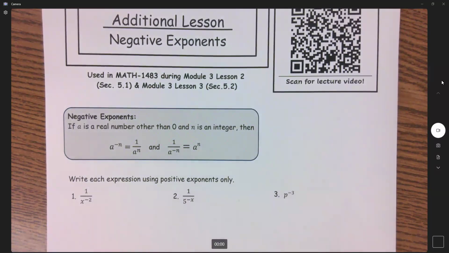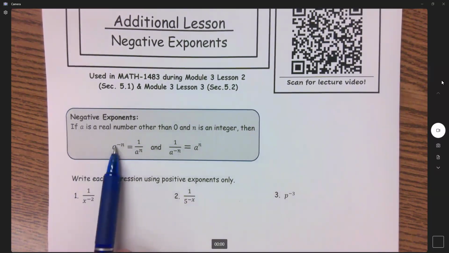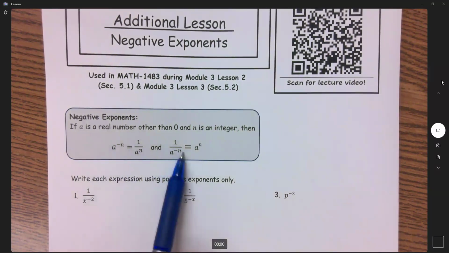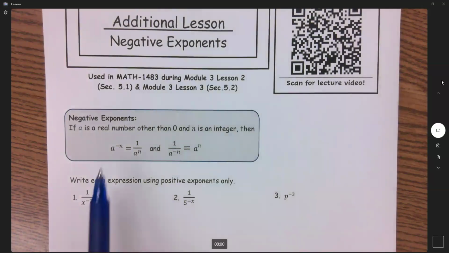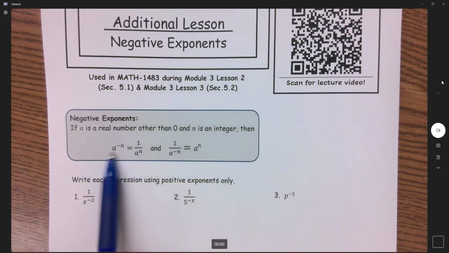Typically, it's not proper form to have negative exponents, whether in this form or down here in the bottom of your fraction. And so we typically want to turn it positive to, quote, be in proper form. Even though as you get to higher level math classes, this form here is actually very, very useful.